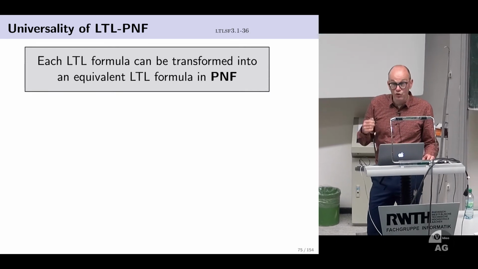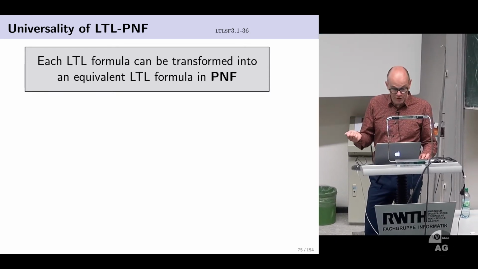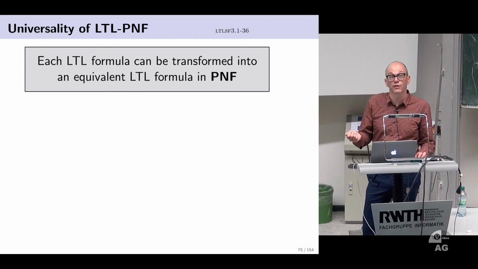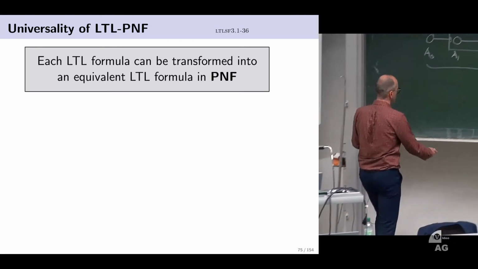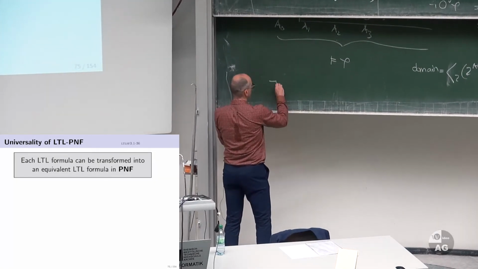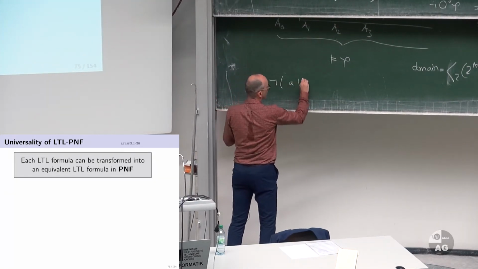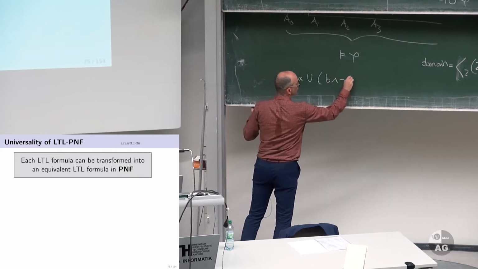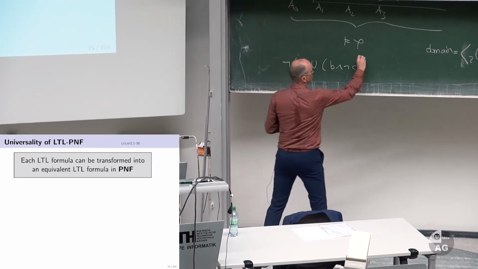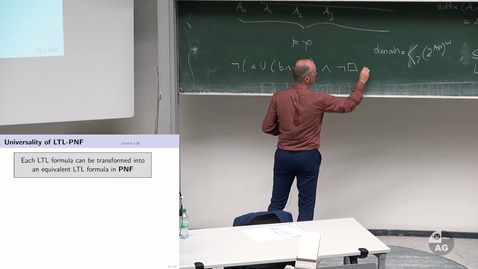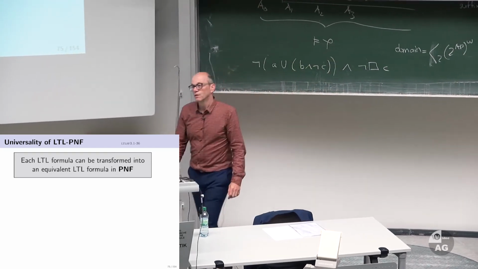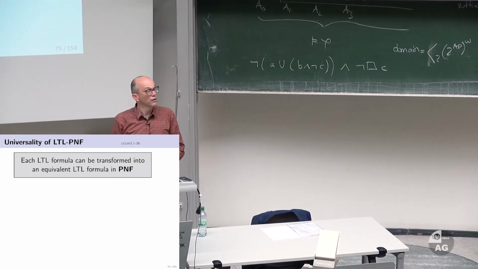So what do we have to do if we want to transform an arbitrary LTL formula into an equivalent LTL formula in positive normal form? Well, think about something like not (A until B) and not C, and not box C. This is not a formula in positive normal form.